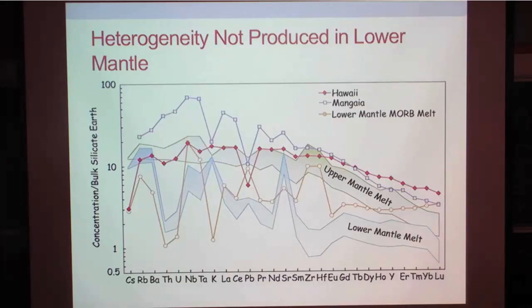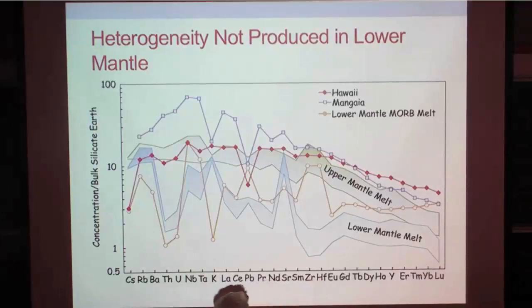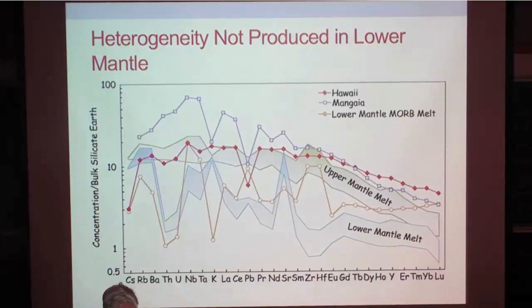One big difference you see here is that these highly charged ions, like thorium and uranium, and also zirconium and hafnium, are +4. They seem to be more readily accommodated in deep mantle phases.